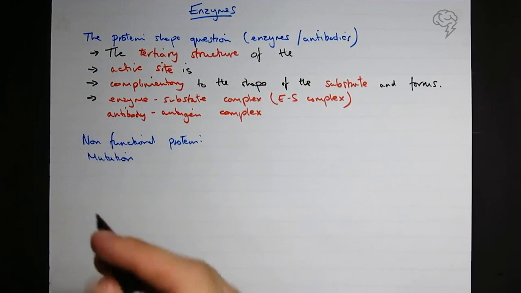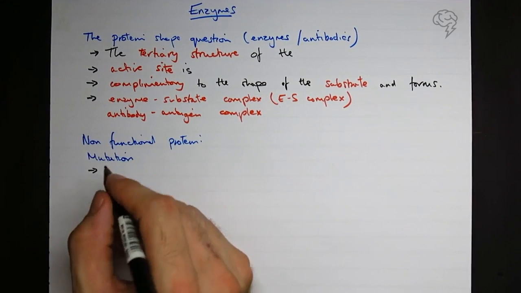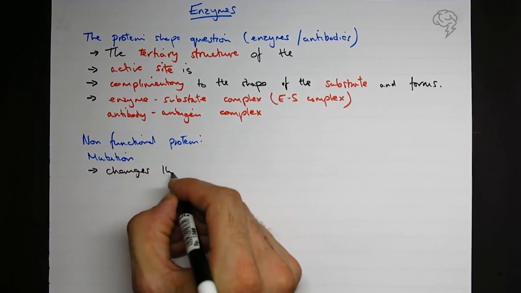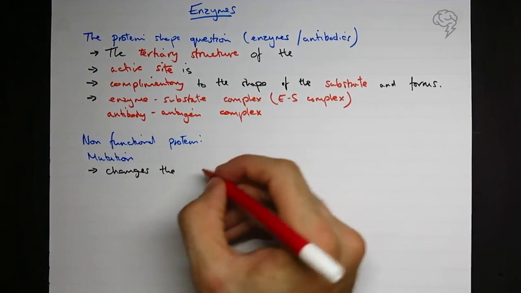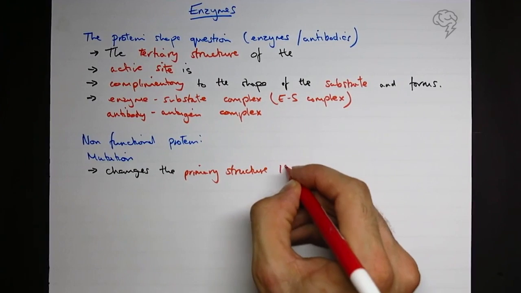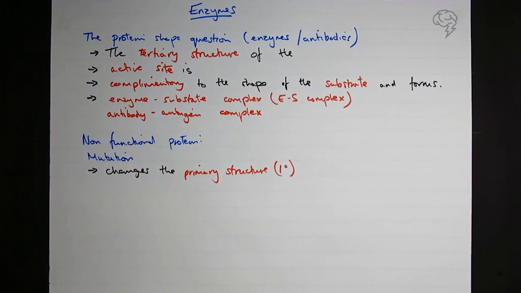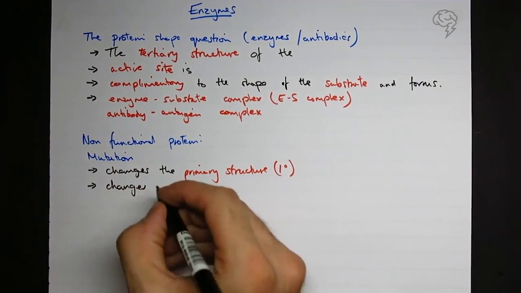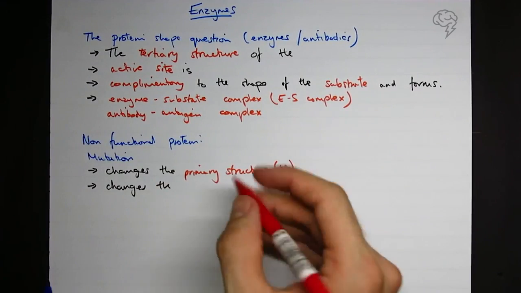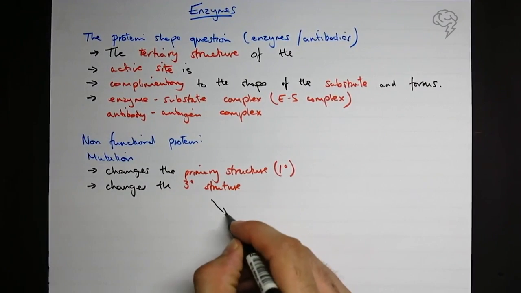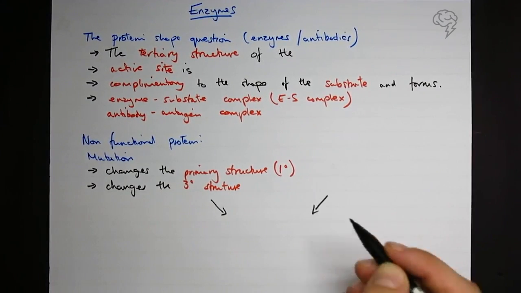We're going to look at this in a lot more detail when we do the science behind it, but this changes the primary structure, so that's the sequence of amino acids. Remember, we can write primary as 1° like this. If you change the primary structure of the protein, this changes the tertiary structure of the protein. And now, actually, the rest of this is going to be the same as our answer from over here.